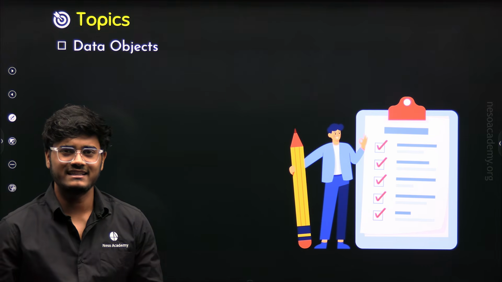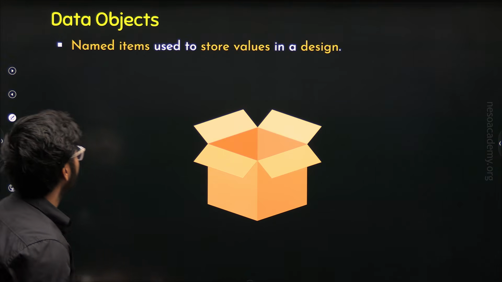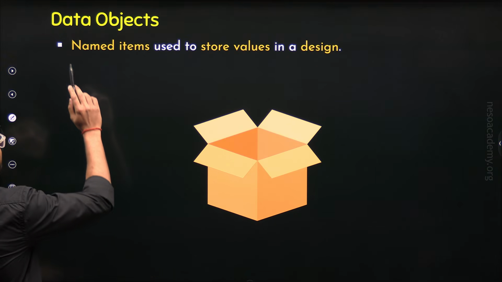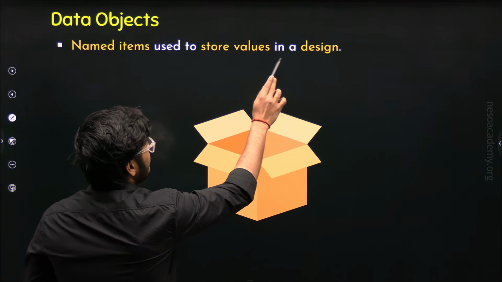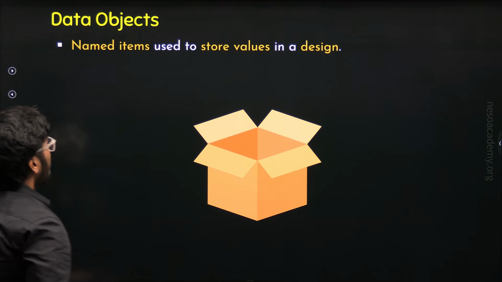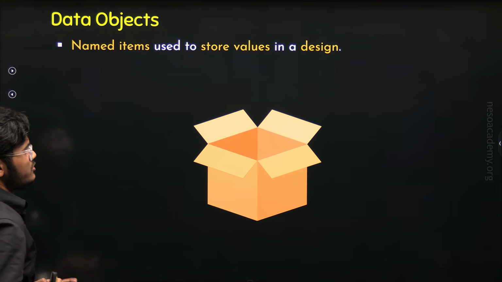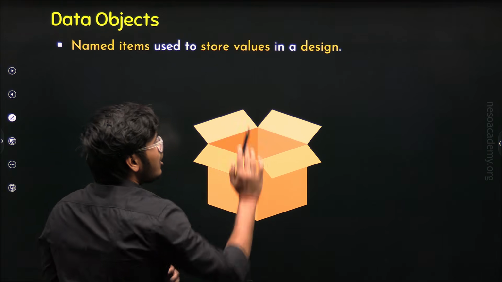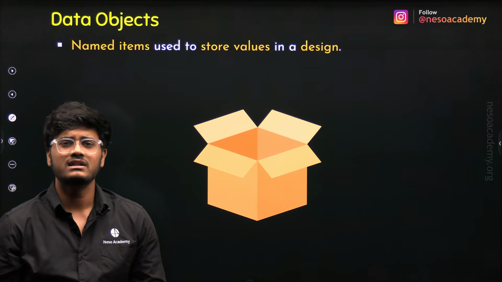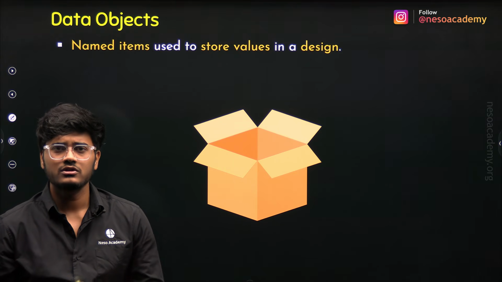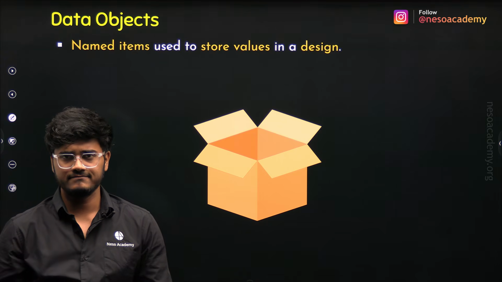So, let's see its definition. Data objects are the named items used to store values in a design. Means data objects are used to store values of a specific data type. In simple terms, data objects are used to store data in VHDL.